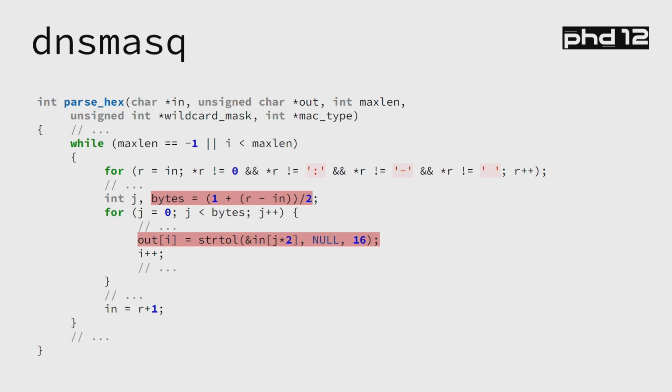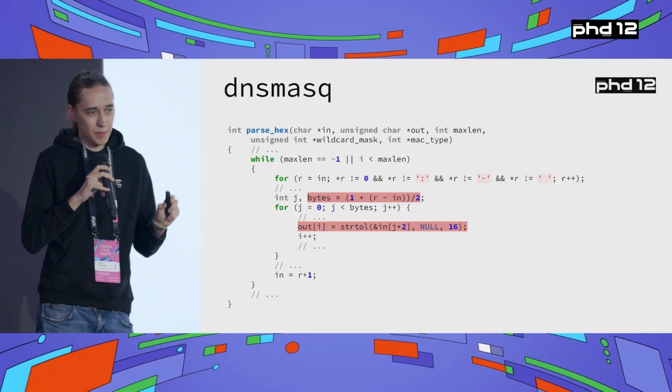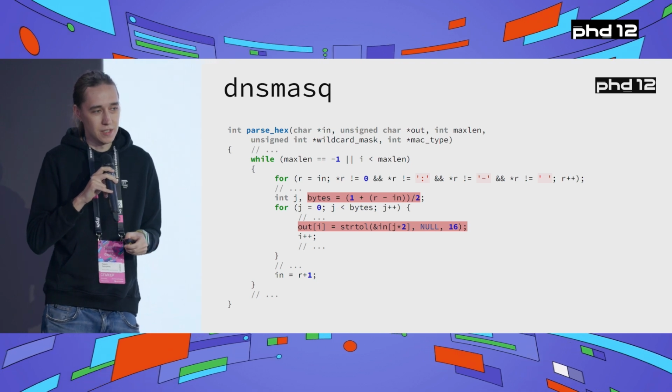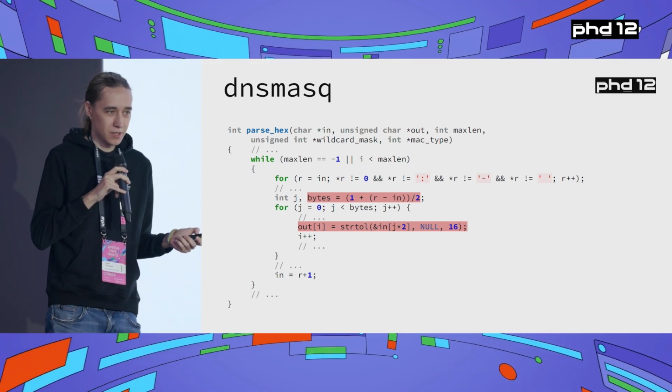The parse hex function, in its turn, will run until the first invalid symbol, something that doesn't really match the mask of colon and blank.